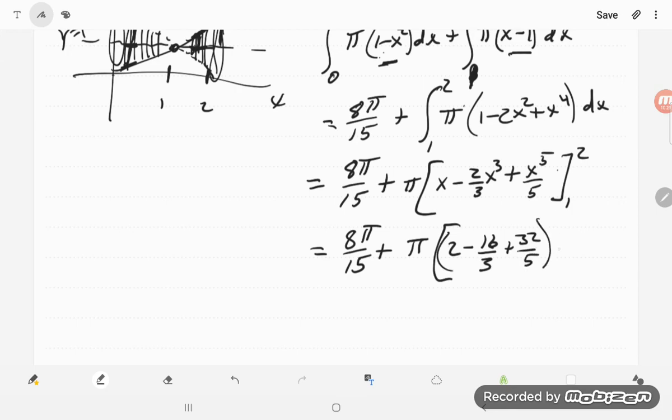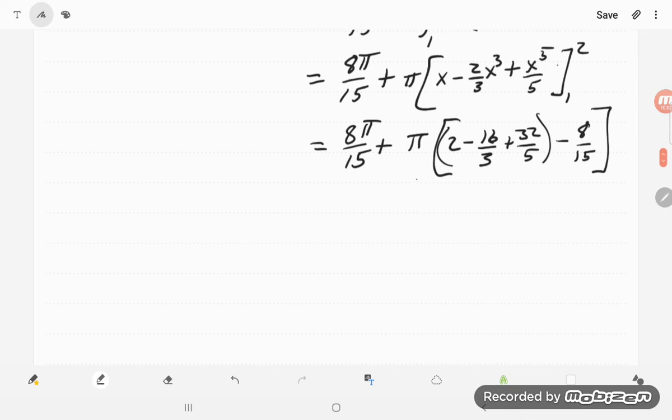Okay, so I would have that, and then minus putting the 1 in, but I know if I put the 1 in, I get 8 over 15, to make that 8 pi over 15. And so what I see is that the answer is just going to be that part, because 8 pi over 15 minus 8 pi over 15 is 0.